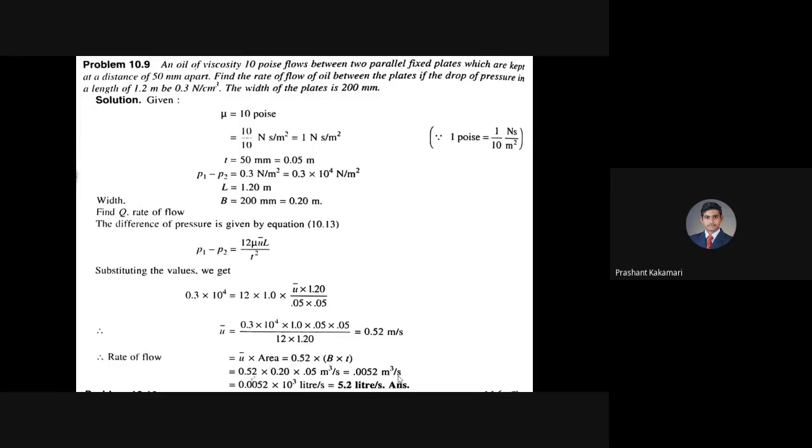Is this understood to everyone? Compared to the earlier problem, this problem is simpler because length is given, width is given, height is also given, and even the P1 minus P2 pressure drop is also given.